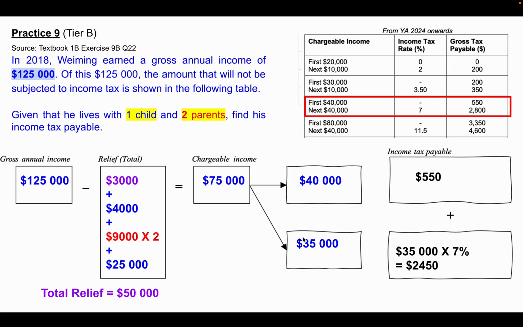And here the balance will be $35,000, and it will be subjected to 7% of income tax rate, and the tax payable for this amount is 2450. So the total income tax payable would be the sum of these two numbers that gives $3,000.